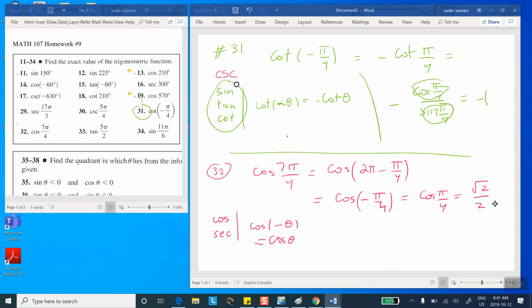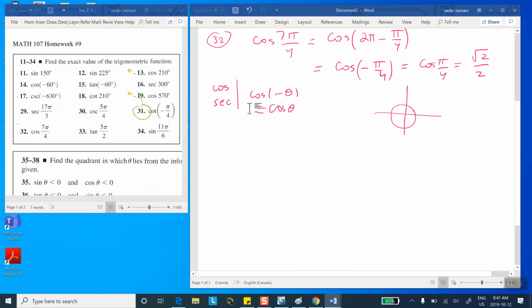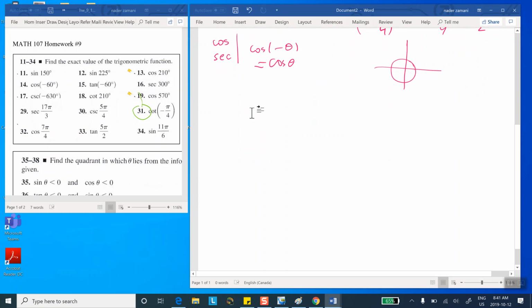By the way, I want to point out that in some of these problems that I did, I drew the unit circle because I wanted you to become familiar with or review the concept of the reference angle and things like that. But if you don't have to, you don't have to go that route. So in these problems, I feel it is more convenient to use the fact that we know something else about these functions.